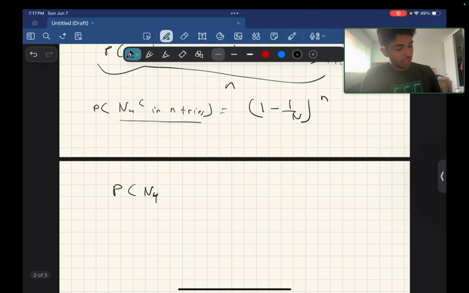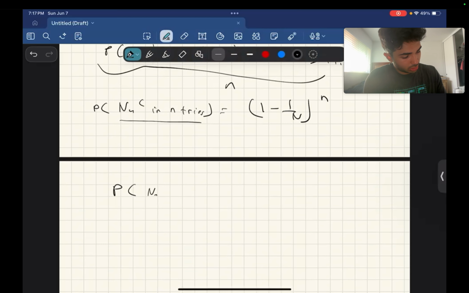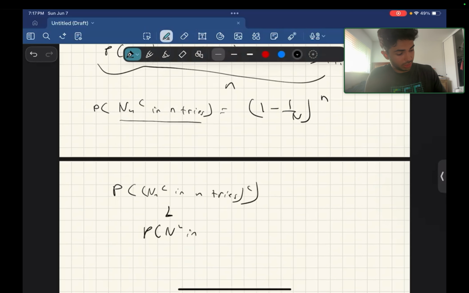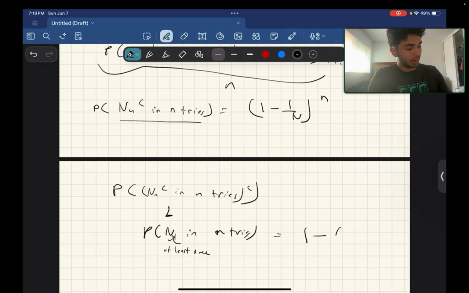So the probability of n4 complement in n tries, all of this complements to the opposite of this, which is the same thing as n4 in n tries at least once, is 1 minus, sorry, 1 minus 1 minus 1 over n to the power of n.